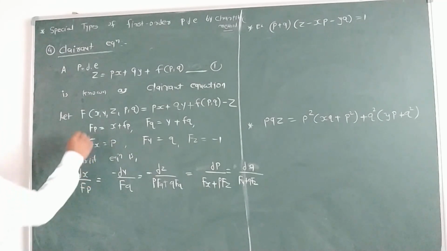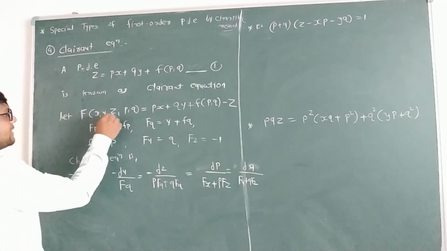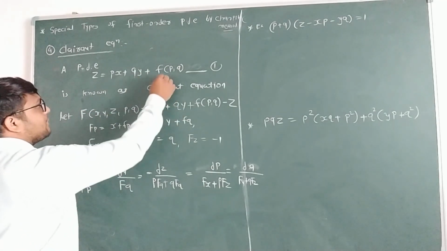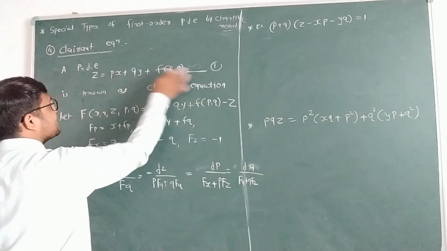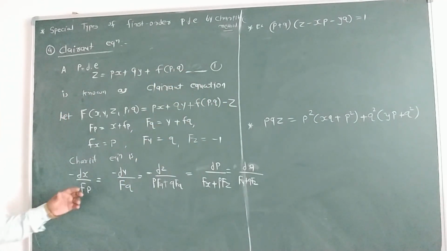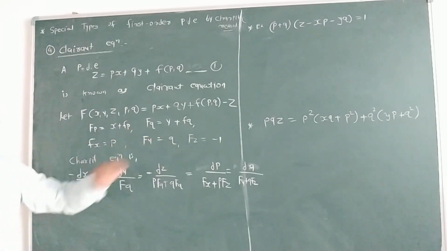So here you can see that the first order PDE of the form function of x, y, z, p, q equals px plus qy plus a function of p and q minus z. So for a Charpit equation, we want derivatives with respect to p, q, x, y, and z.